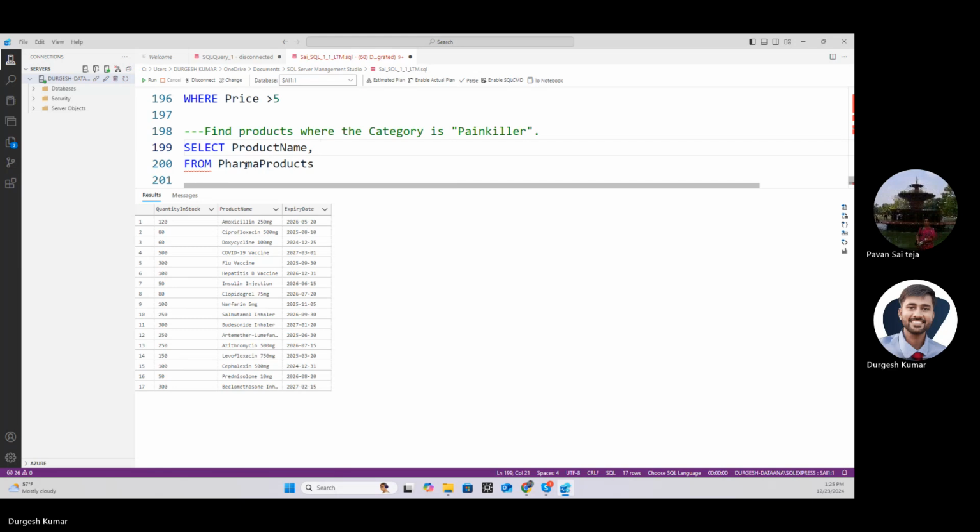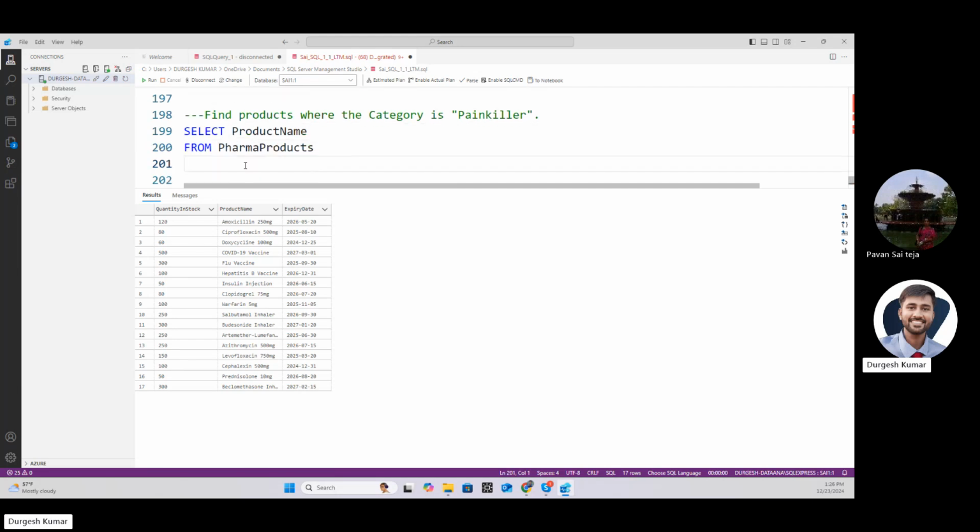Because I'm a human, I can understand that this query is correct, but the platform will only accept when you match the requirement. As per this question, I'm asking only for the products from the painkiller category. That's it. So I need nothing more in the select clause apart from this, so I will not add other columns.